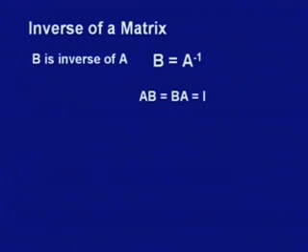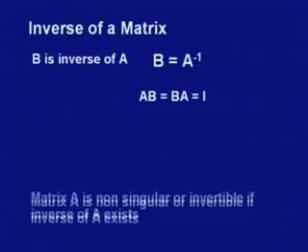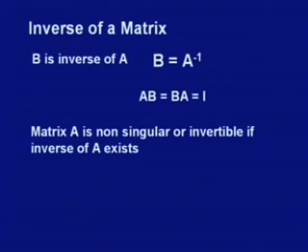So, with this we have obtained the existence of the multiplicative inverse of a given matrix. Now, this is not as simple as in the case of addition of matrices. This is a very important property of matrices. We say a matrix A is non-singular, or invertible, if the inverse of A exists.